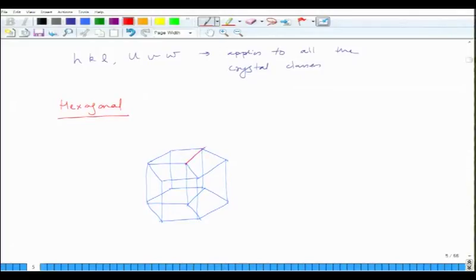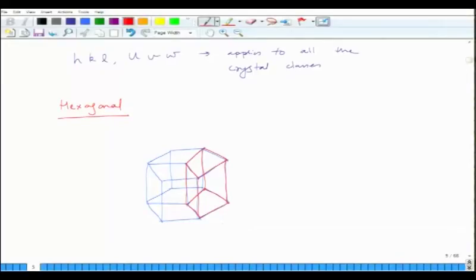So, this is the 1/3 of the hexagonal unit cell, which is a single unit cell. This single unit cell can be represented very well by the 3 axis system of HKL and UVW.